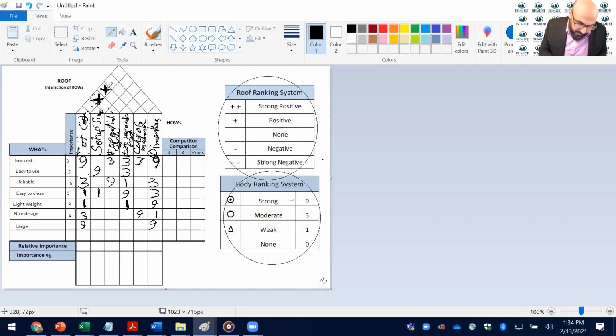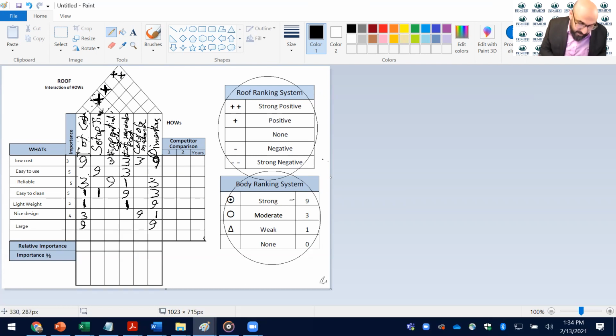Now we're moving into total cost and the color of exterior. I don't see anything. Total cost and dimension, there is a strong positive, very strong. So I'm going to put 2 pluses here on the roof. Now moving into the next one.